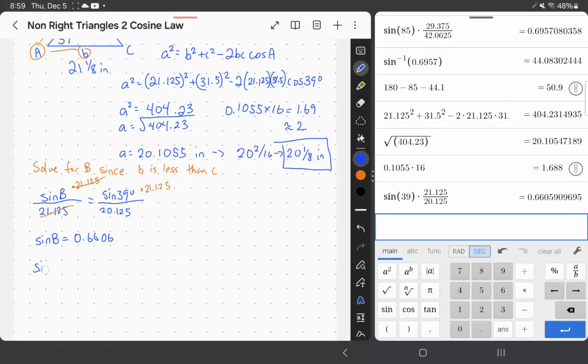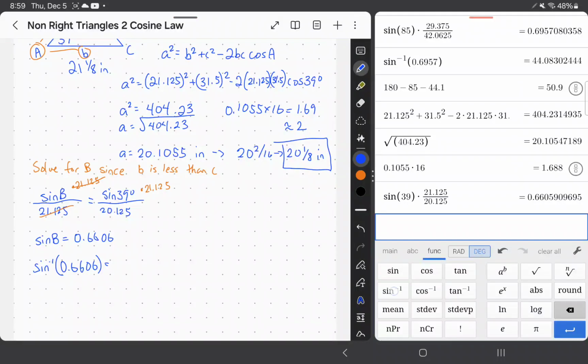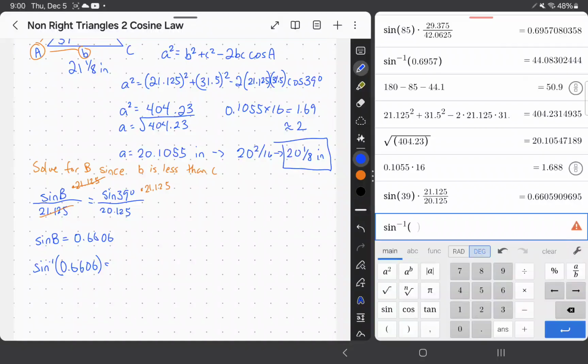So when I do my shift sine, or whatever you want to call it, of the decimal, shift sine of 0.6606, we're getting a 41.3 degree angle.